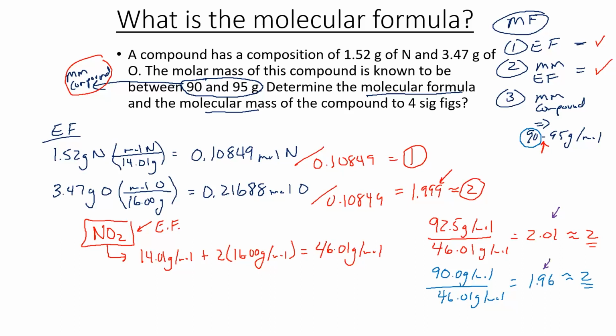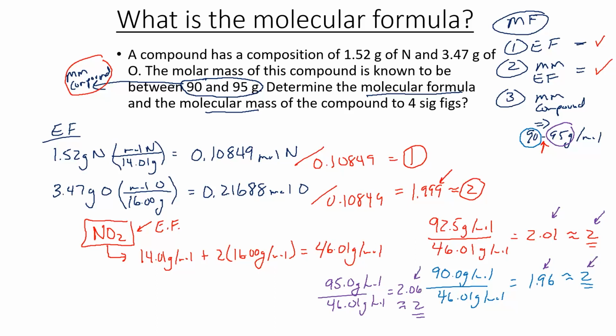So let's just do it here while we've got a little bit of space. 95 grams per mole divided by 46.01 grams per mole also gets us a factor of, I think here, 2.06, which once again is close enough to round to 2. So you can see that regardless of where you chose, middle of the range of the molar mass, low end, or high end, we basically got the same factor.